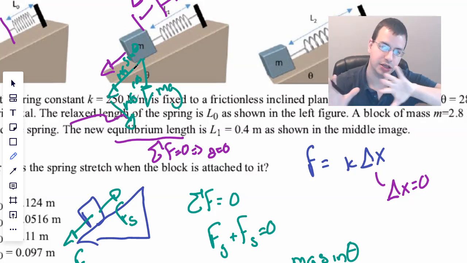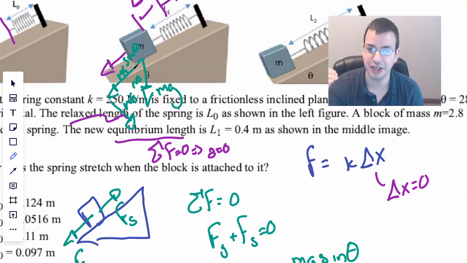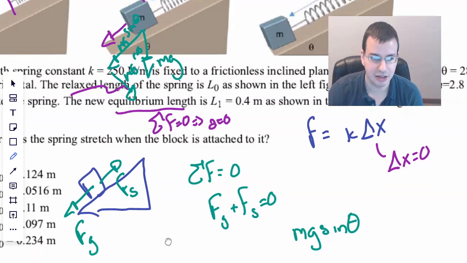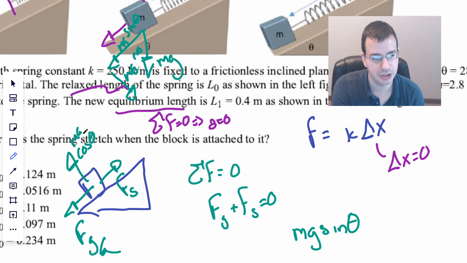The part that's causing it to slide down the ramp is the sine component. It's easier just to memorize sine sliding. So Fg will be mg sine of theta, as opposed to cosine, which will be the normal component, mg cosine theta.